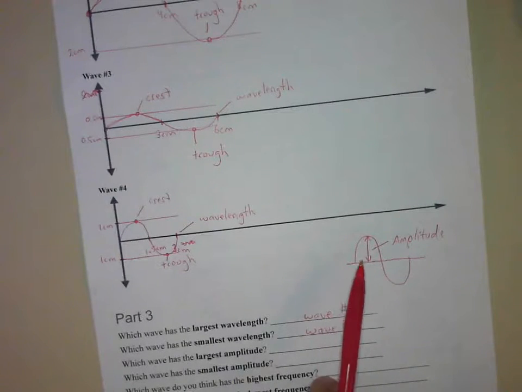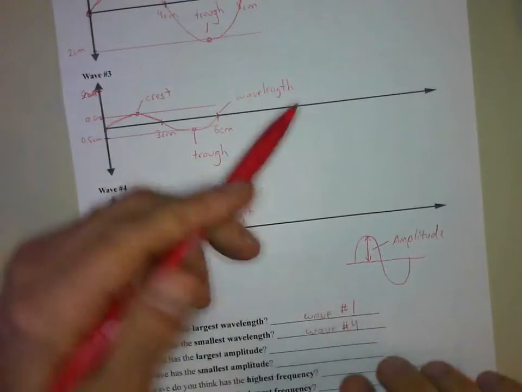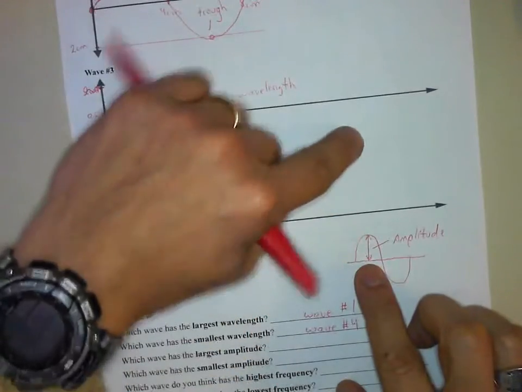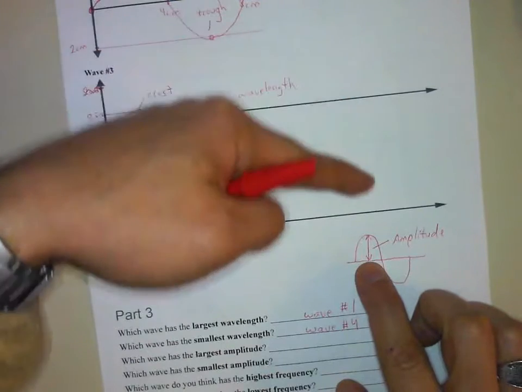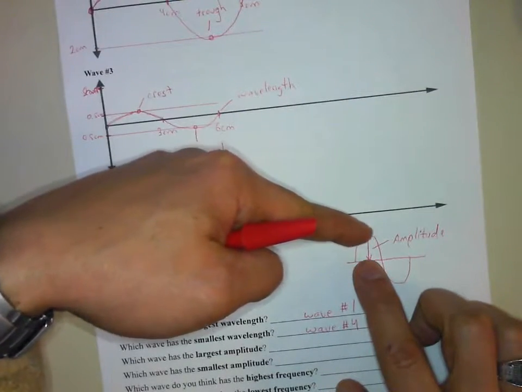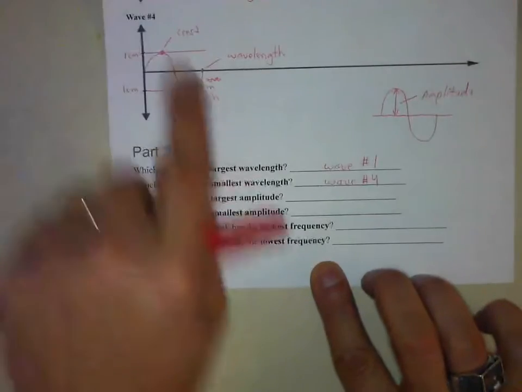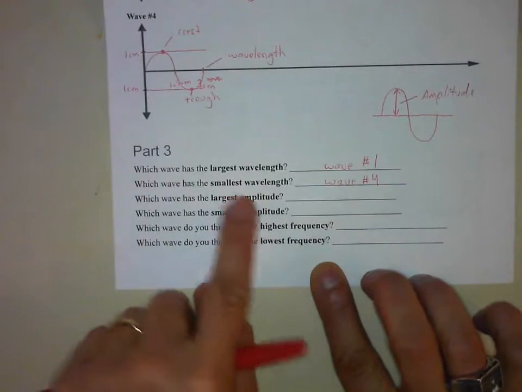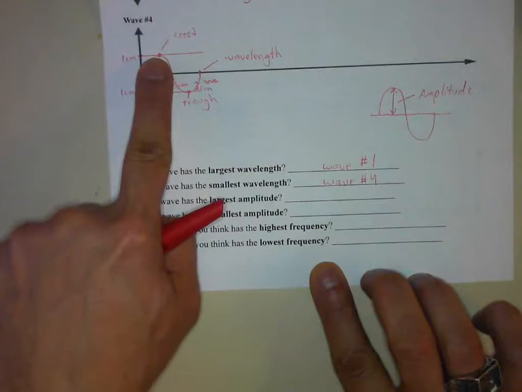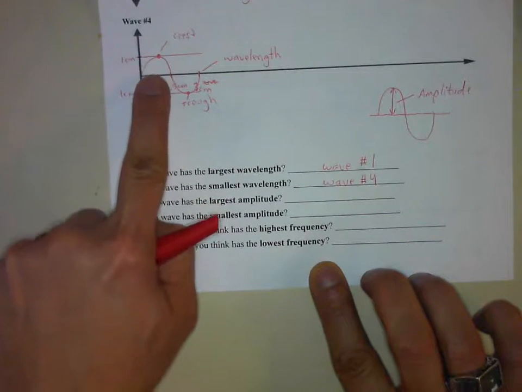So the amplitude is how tall a wave is. So large amplitude means tall wave. This would be a large amplitude. Small amplitude. Okay? So here it's asking what's the largest amplitude. And your crest is telling you what the amplitude is.